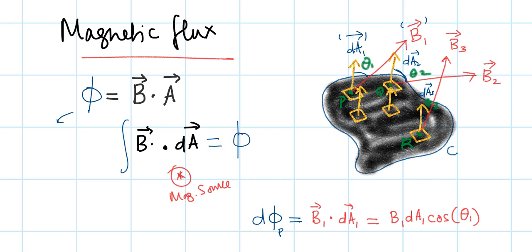So this is the product in its entirety. As you can see, magnetic flux incorporates not only the strength of the magnetic field, it also incorporates the effective area exposed in the direction of the magnetic field. So magnetic flux is in fact the product of magnetic field intensity and the effective area in the direction of the magnetic field.